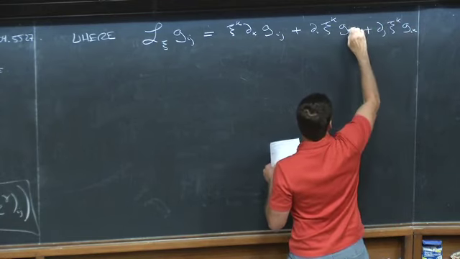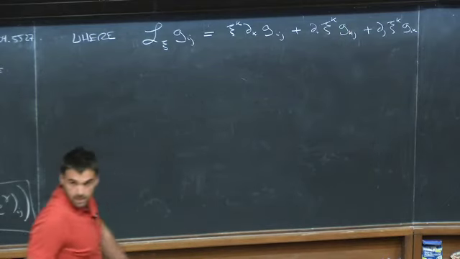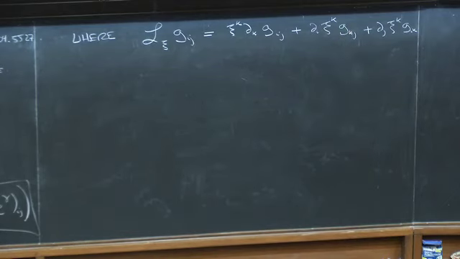Sorry, this is supposed to be k. Okay. So the idea is the following. A Lie derivative, of course, is just what a diffeomorphism would do. So if we can find field variations in such a way that delta zeta and delta gamma exactly mimic how a Lie derivative would act, then these will act exactly as a diffeomorphism would. And since our action is assumed to be diffeomorphism invariant, this will be a symmetry of the action. So for every delta zeta and delta gamma that satisfy this property, we will have a symmetry of the theory.